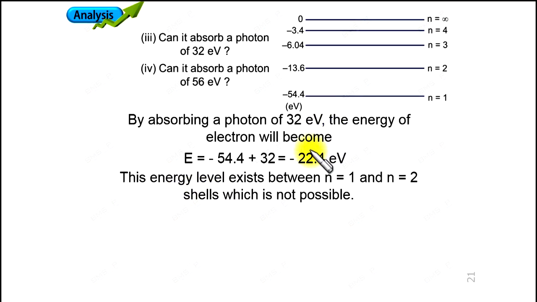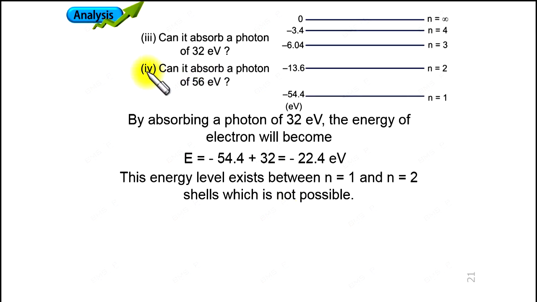Because this energy is between n equal to 1 and n equal to 2, and we know intermediate states are not possible in the atom, because the electron can be present only in well-defined orbits. So, 32 electron volt cannot be absorbed by the atom.